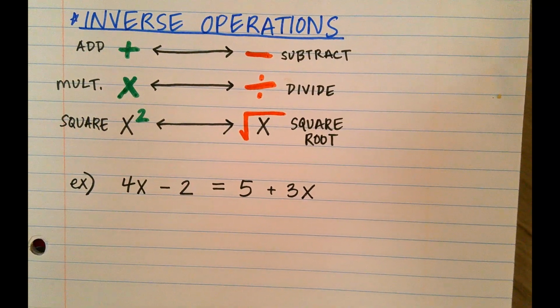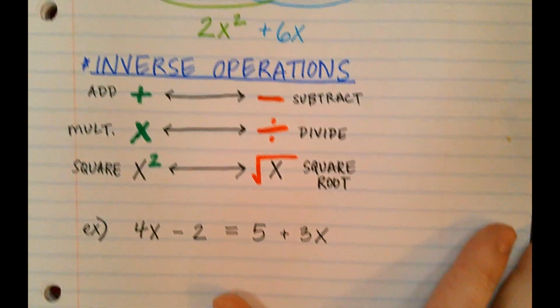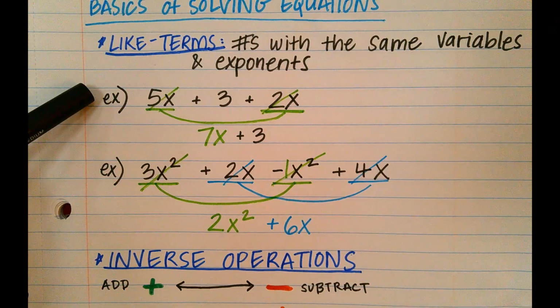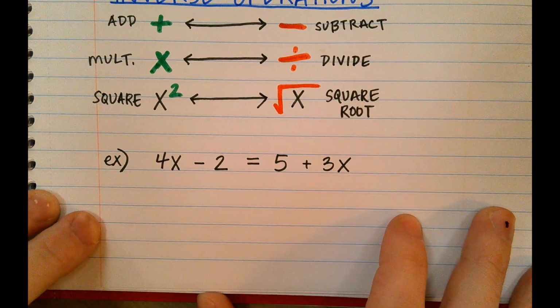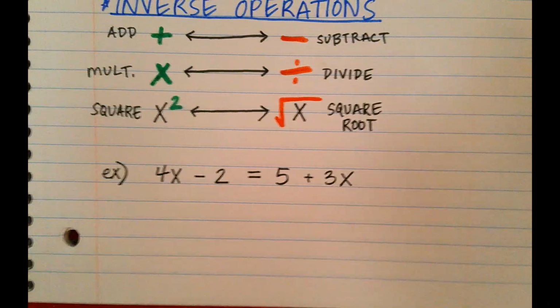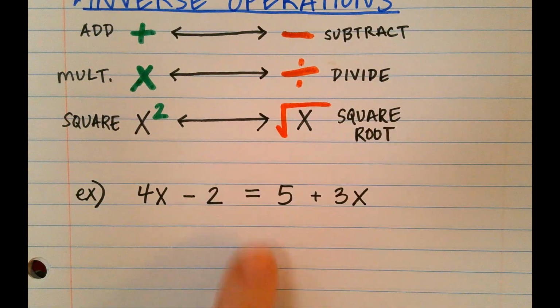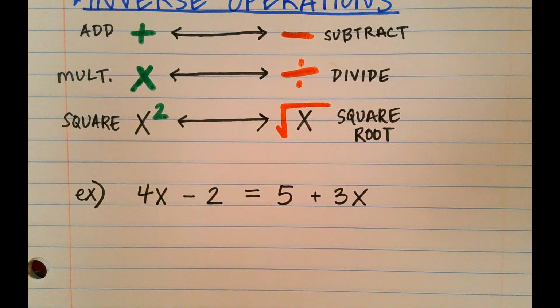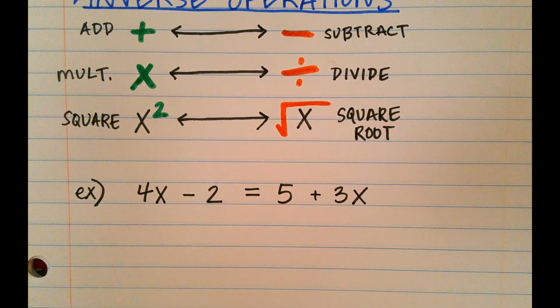Combine like terms. Okay, so Holly said the first thing we're going to do is combine like terms. Now, there's an issue, because now we've added a new symbol, an equal sign. That changes things for us.